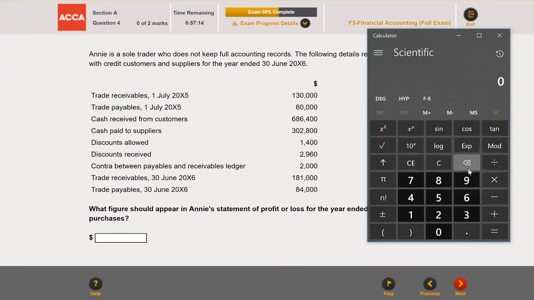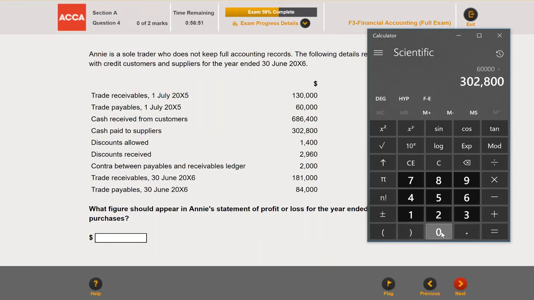Let's start with the credit balance, which is 60,000 plus cash received from customer, no effect, cash paid to supplier, minus 302,800.